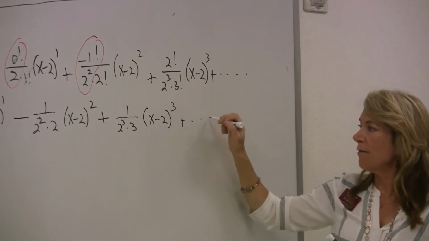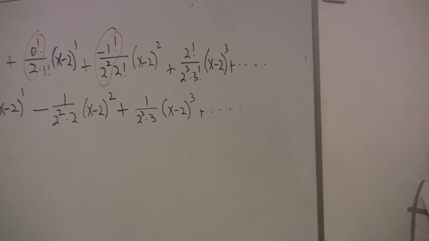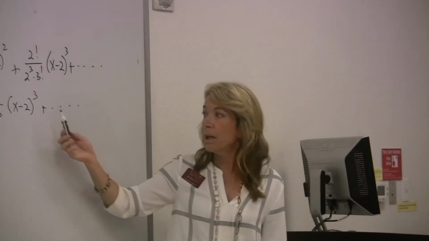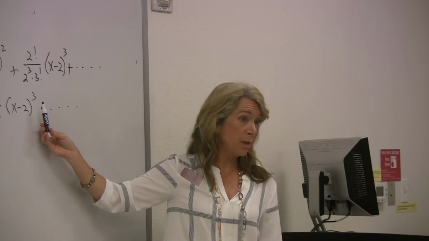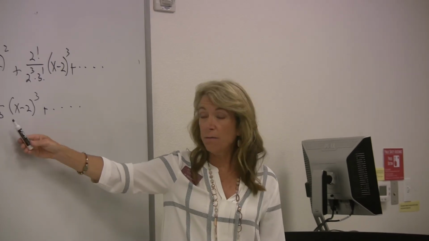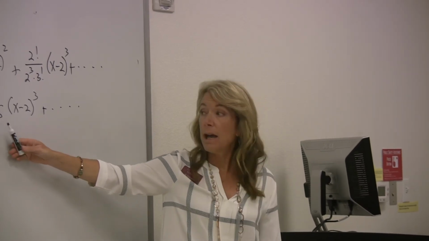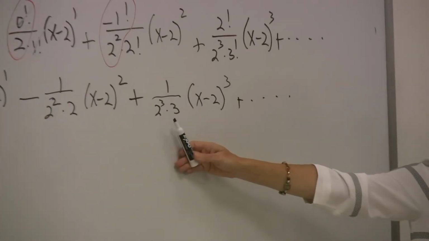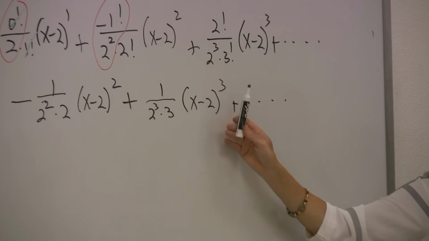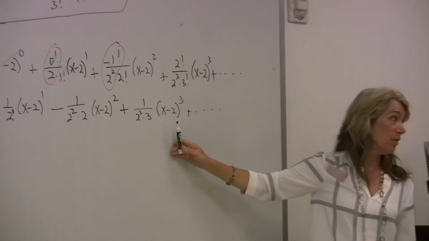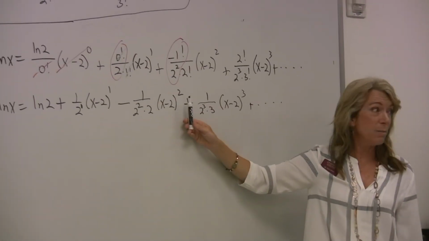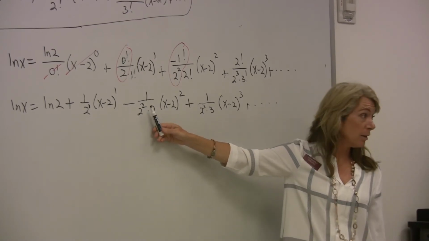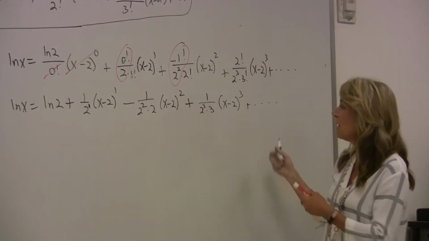I think I have enough now to see the pattern. I think. Here I have a 3 as my exponent. I have a 3 being multiplied right here, and I have 2 to the third power. You see all those 3's? Now we're going to see if that matches over here. I have a 2 as my exponent, I have a 2 being multiplied, and I have 2 to the second power. So these are the things that I'm noticing.